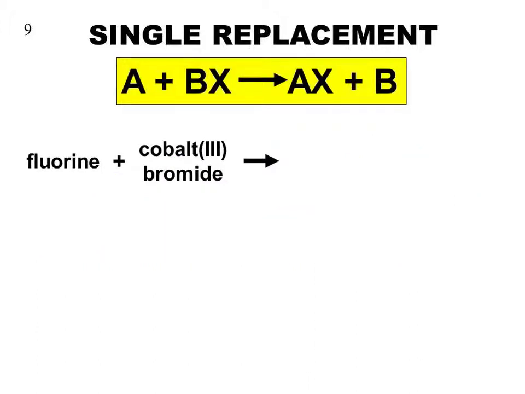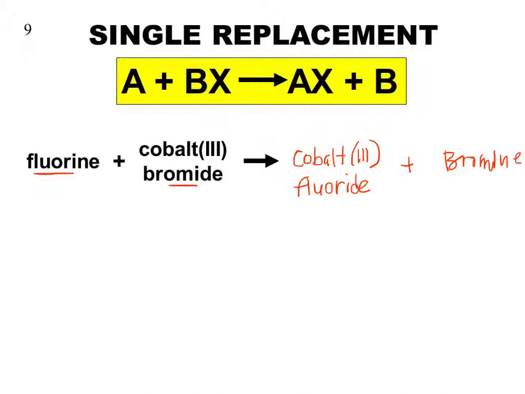Again, here's fluorine. Now, instead of us changing the halogens, or what we've been doing, we're like halogens or the polyatomic ion. Now we have halogens, fluorine and bromide, and we are going to now swap the metal. So fluorine ends up being cobalt 3 fluoride plus bromine. And if we write that down, we should end up with this equation.